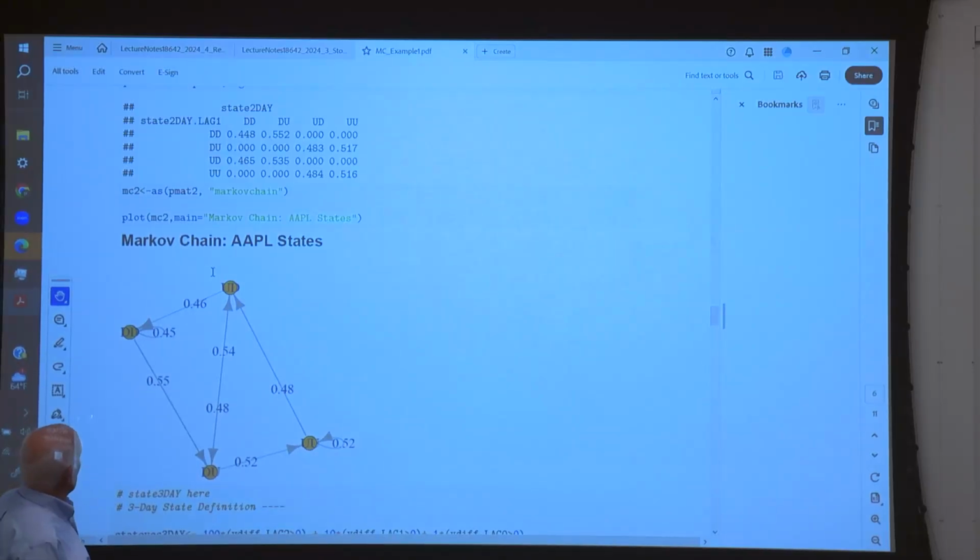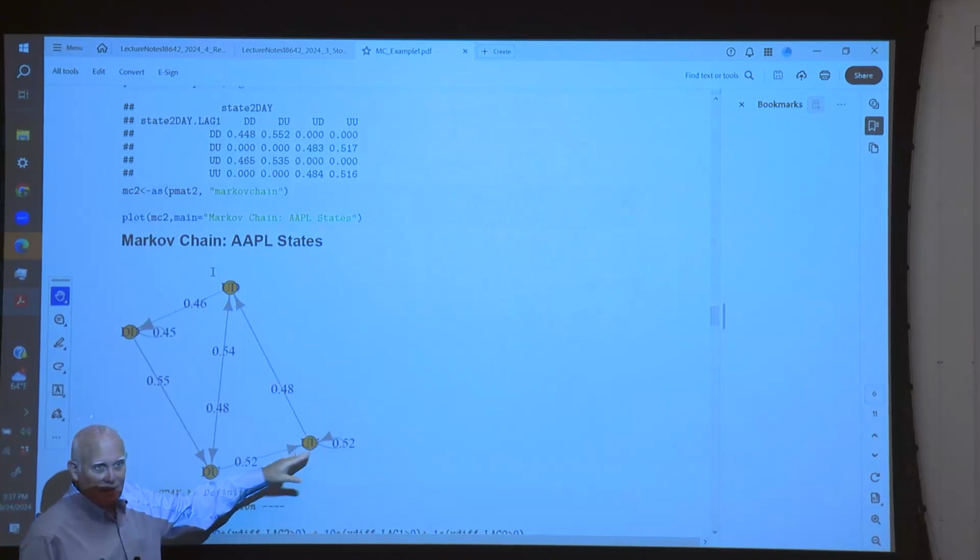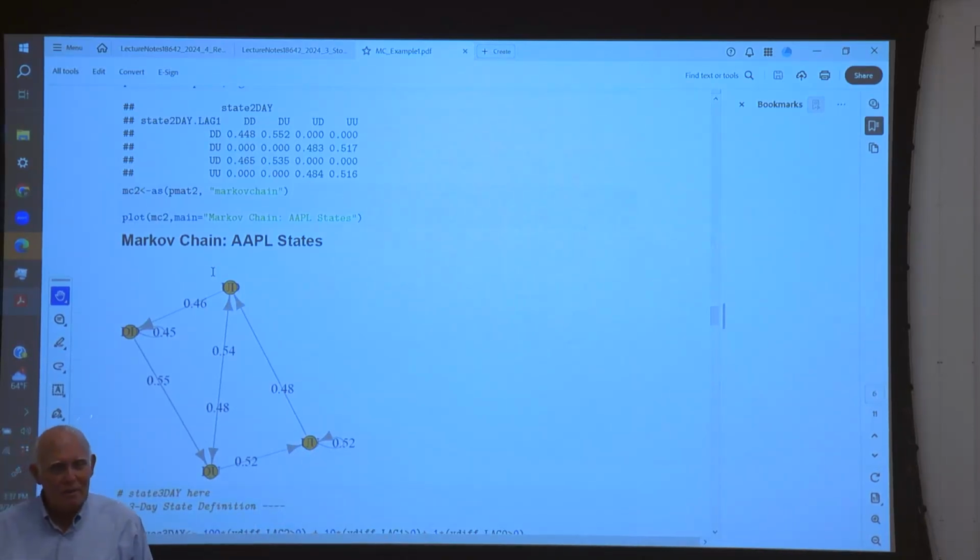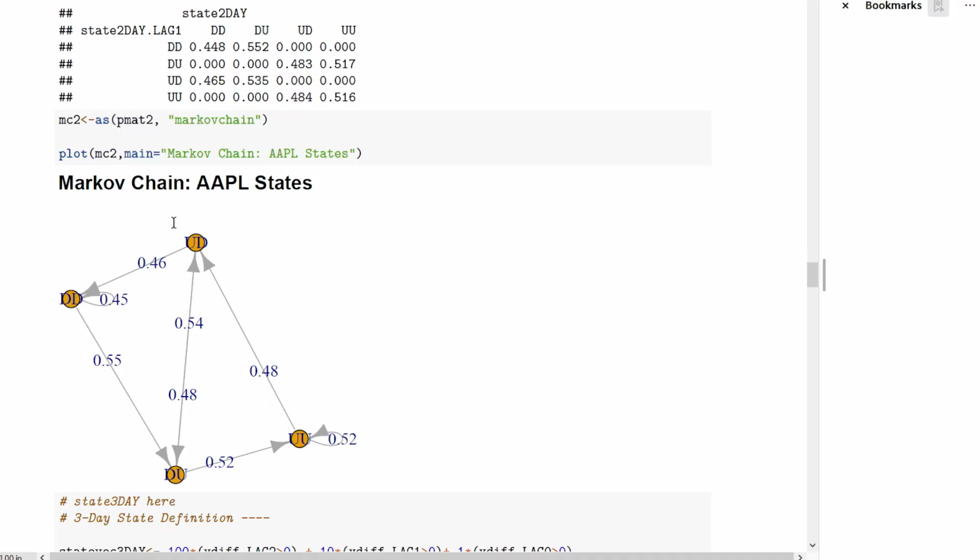And so one can see that 2 up days in Apple are likely to be followed by 2 up days again, so that we'd get a 3rd up day with that one-step transition. 2 down days are not likely to be followed by a 3rd down day because it won't go to that down state with probability of more than 0.5.